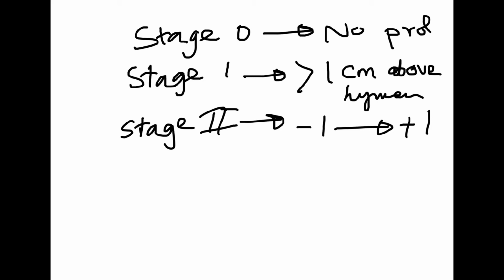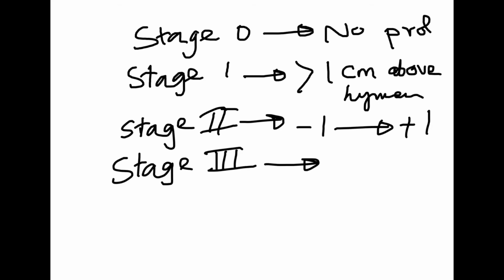What about stage 3? We start from stage 2, which ends at +1. So stage 3 starts from more than +1, but less than the total vaginal length -2, which is the cervix level.